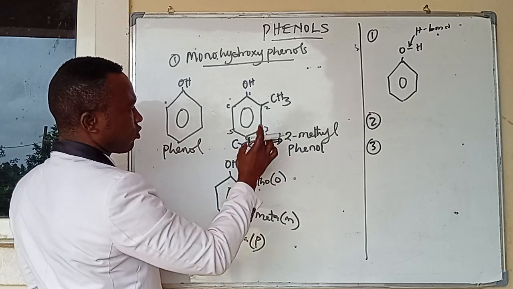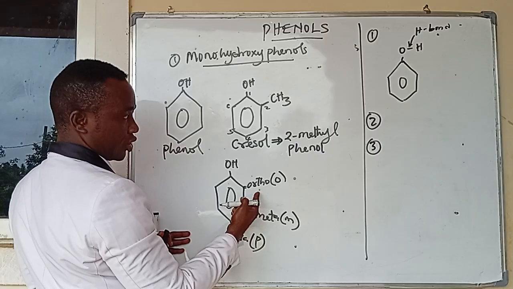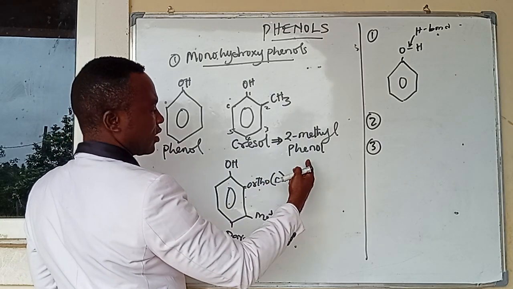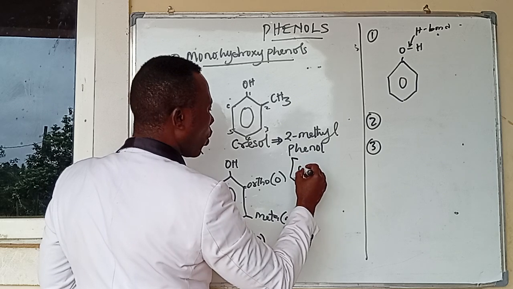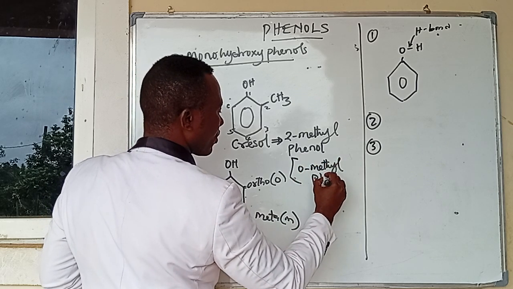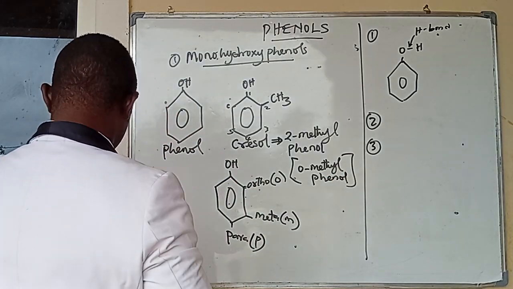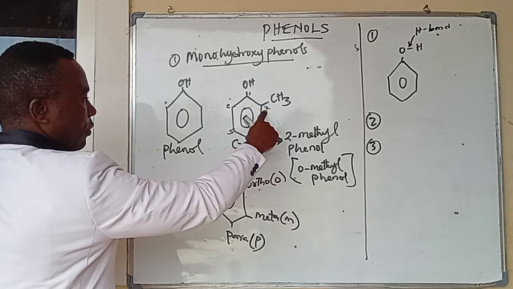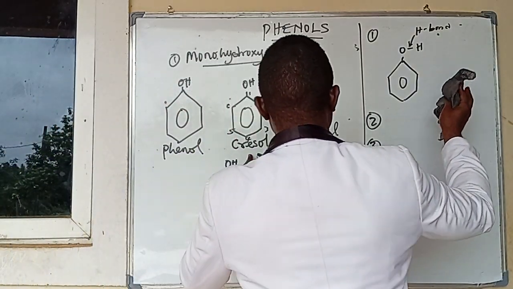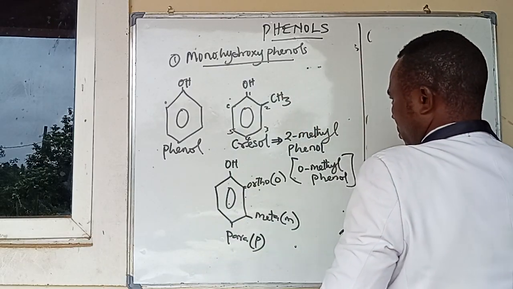Since the methyl group is at carbon number 2, it is the ortho position. That means cresol, which is 2-methyl phenol, can also be called O-methyl phenol, because position 2 is the ortho position. So cresol is of course a monohydroxy phenol.